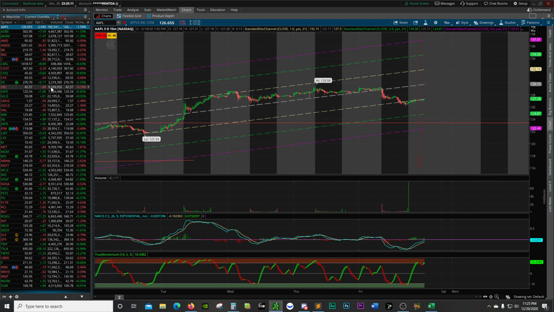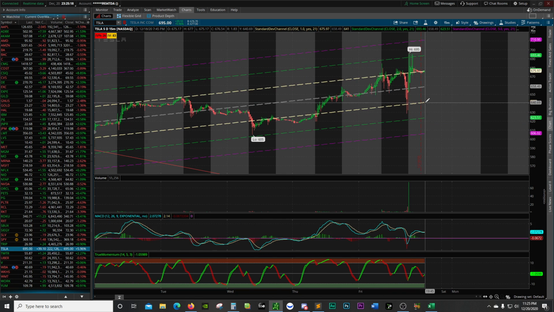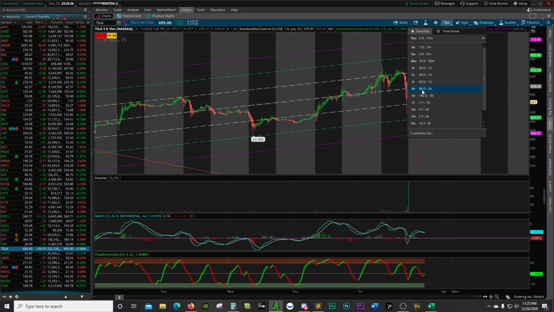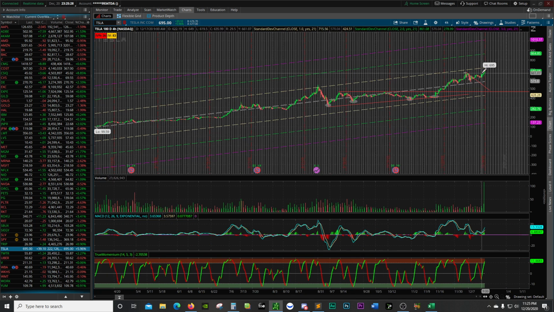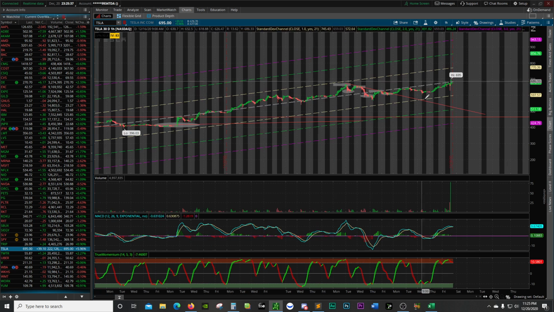Let's take a look at Tesla since that one's pretty wild. It's slightly overvalued, one deviation channel above fair on the 5-day, 15-minute, but I look at the 180 and it's pretty consistent. That's what I like to see on standard deviation: consistency across multiple time frames. I look at the 30, yep, it's near fair.